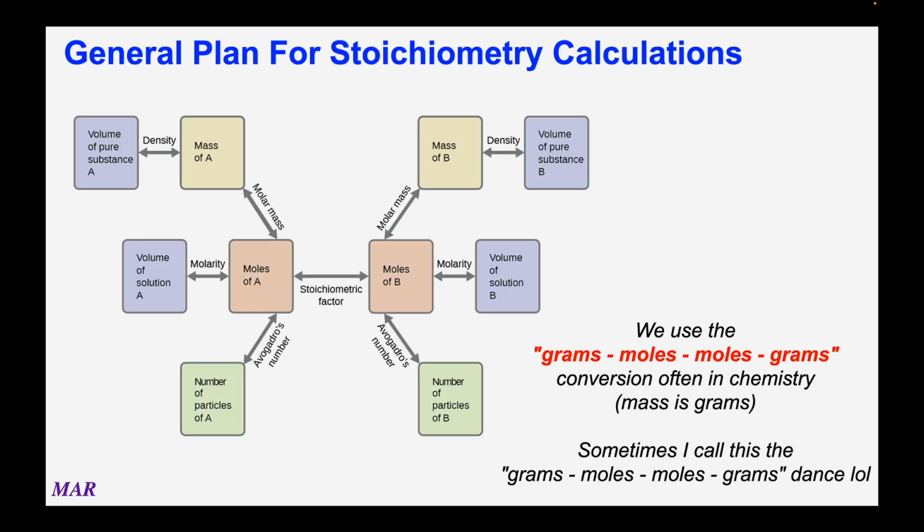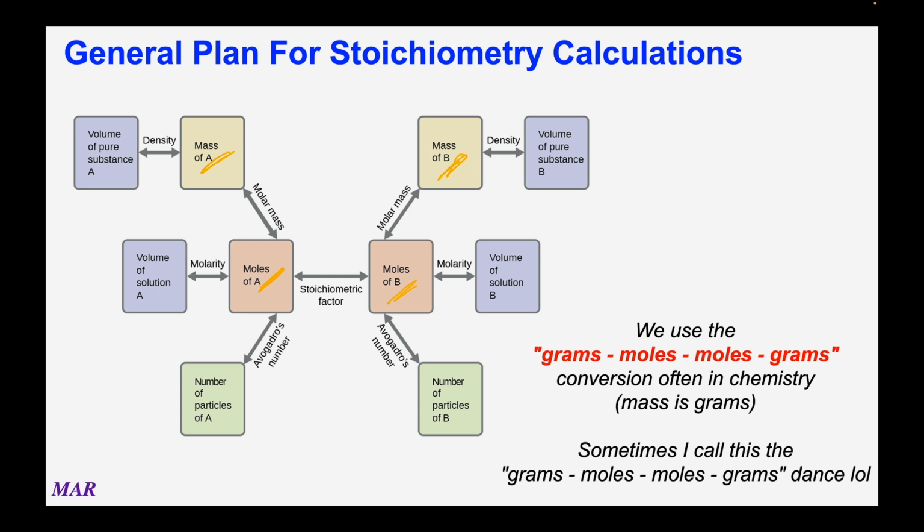Pretty cool. This is a general plan for doing these stoichiometry problems, and you may find this useful, you may not, but here's the punchline. At the core of all these problems is going to be the mole-to-mole ratio that comes from the balanced equation. That's the stoichiometric factor, all right? And you may be going reactant to product, product to reactant, reactant to reactant, whatever, but that ratio, that factor, has to come from the balanced equation, and that's why it's so important. Now, what we've been doing so far is taking grams of something, turning it into moles, moles of the thing we started with to moles of what we're looking for, and back to grams again.